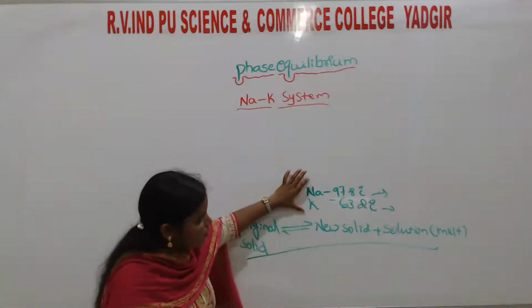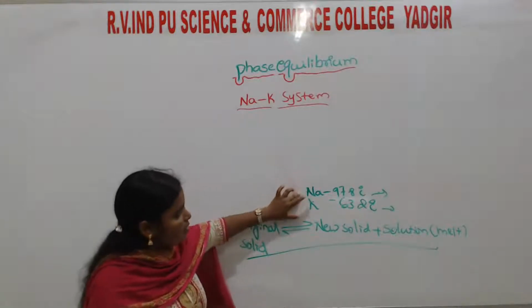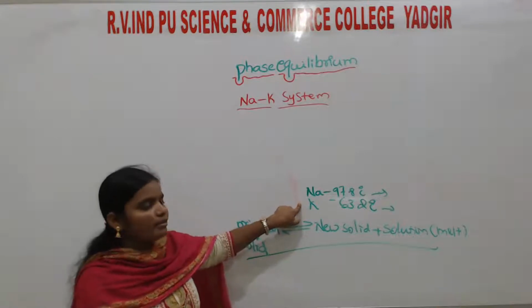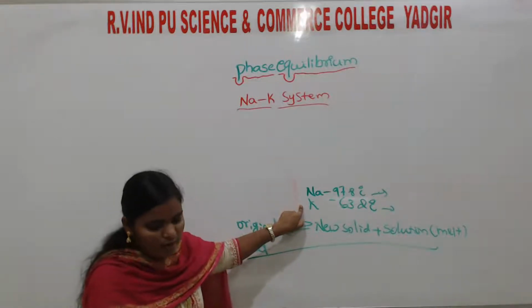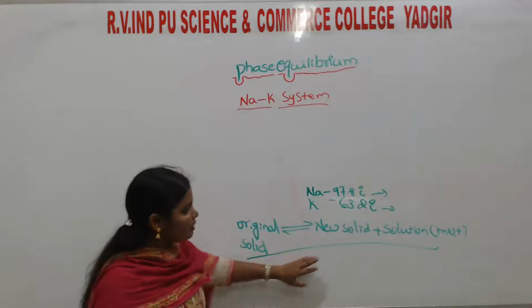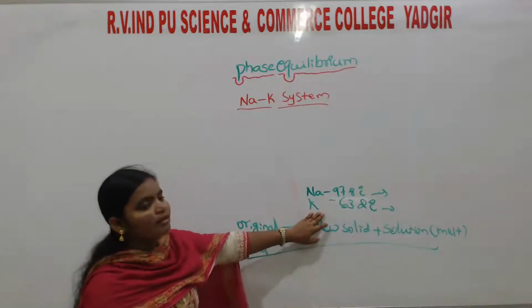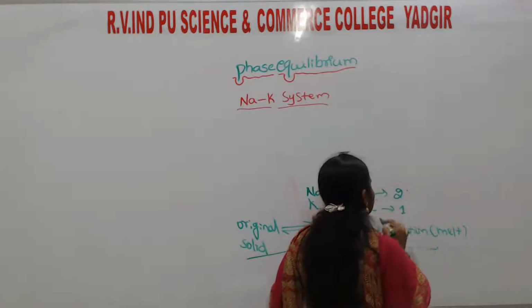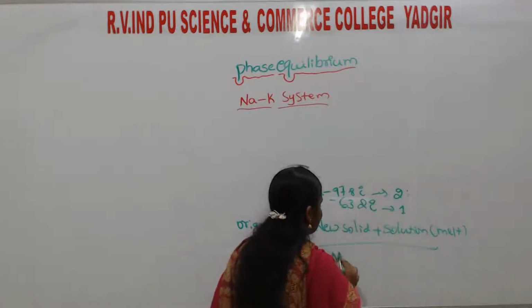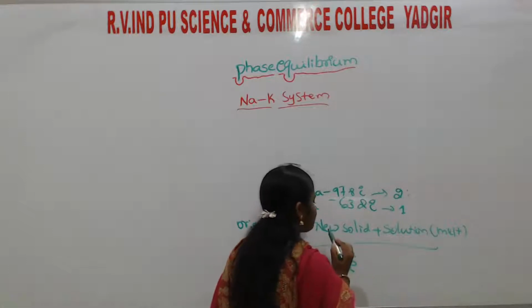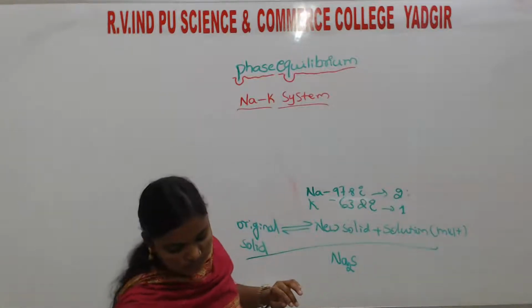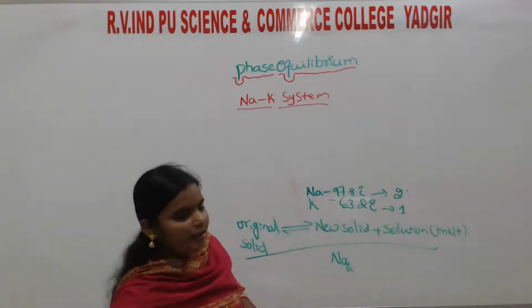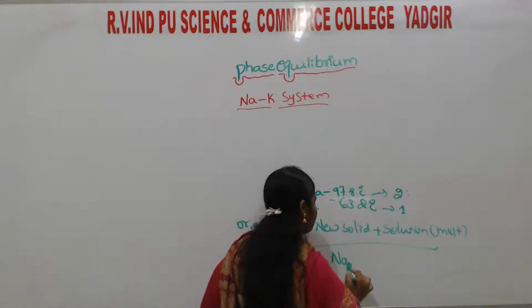These two metals, sodium and potassium, combine in a ratio of 2 to 1 and form a new solid, Na2K.